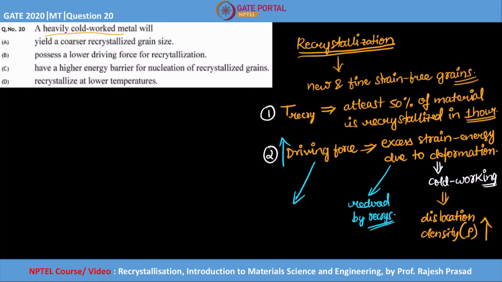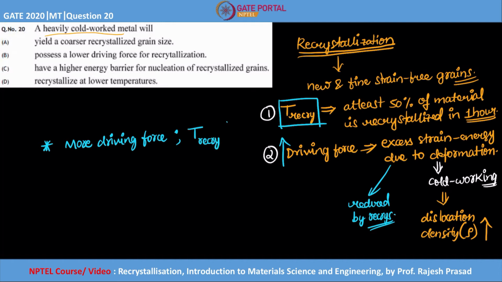Now, how do we quantify this term easy? That is in terms of the recrystallization temperature. Easier means at less temperature. So I would write it this way: more driving force, the recrystallization is easy. That means the temperature at which recrystallization may happen will be less.